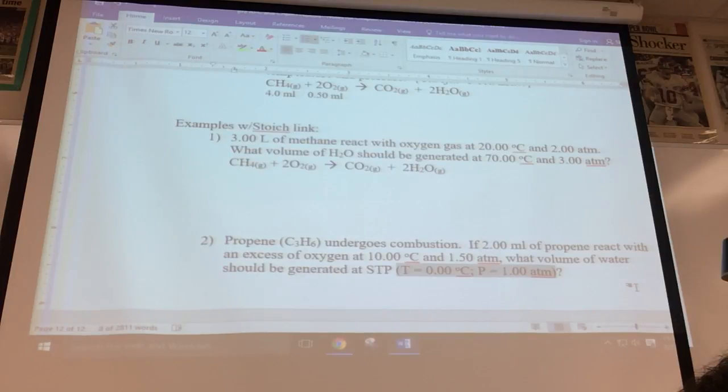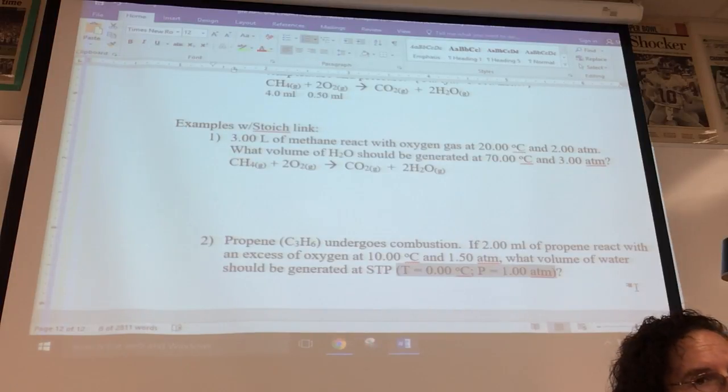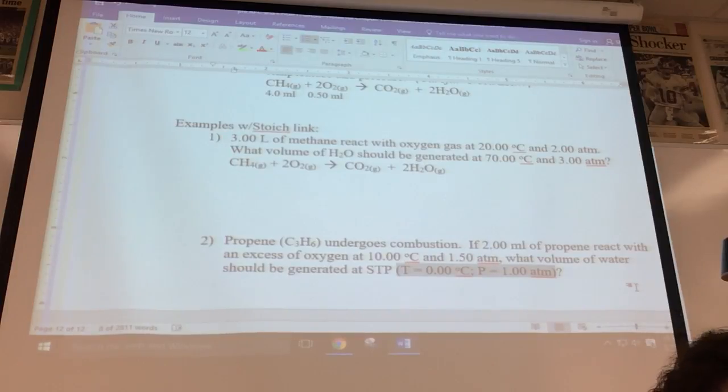Wait, how many? You have V1 what? No, you can do the whole thing in mils. Guys, you only need liters for the ideal gas law. Otherwise, if the mils cancel, let it rip.